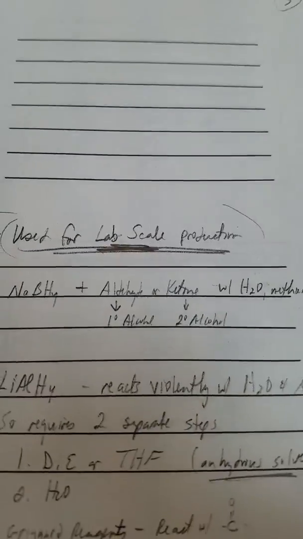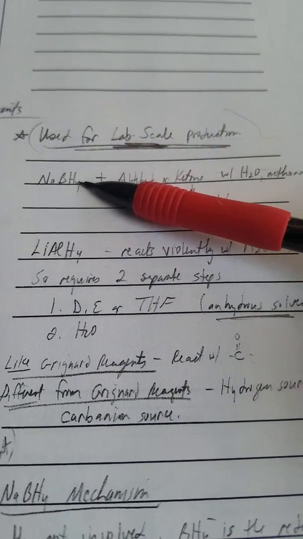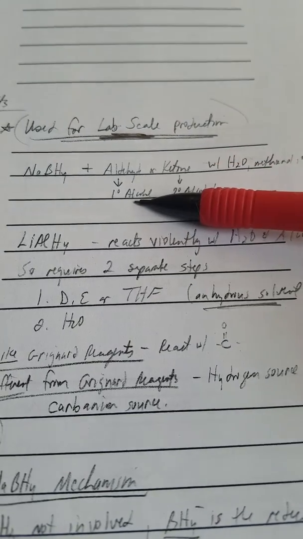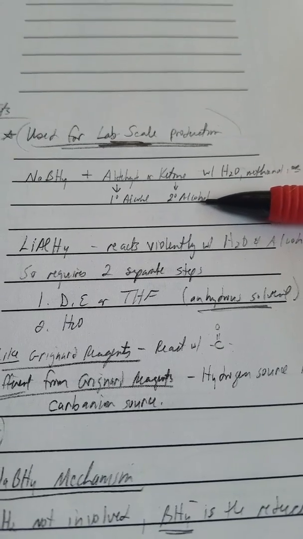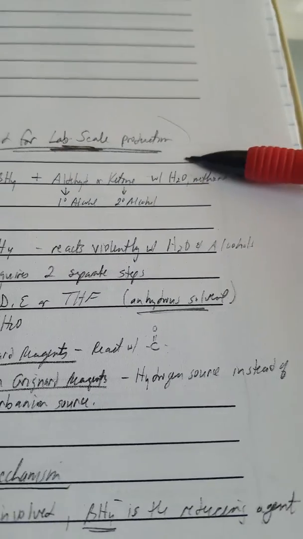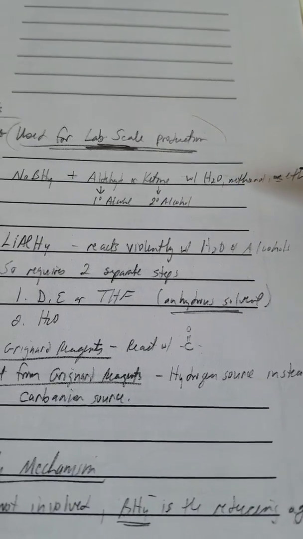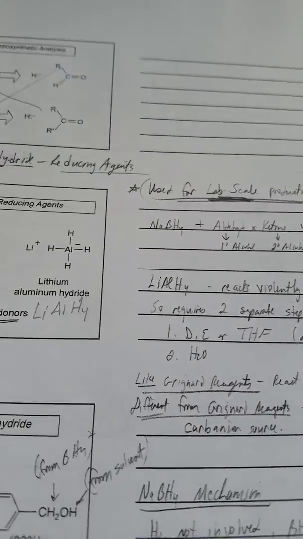These are used more on the laboratory scale, whereas the hydrogenation with the metal catalyst is used more on an industrial scale. If you use the sodium borohydride with the aldehyde, just like you did earlier, you're going to make a primary alcohol. If it's with a ketone, you make a secondary alcohol. You also need to use water, methanol, or ethanol in this reaction as solvents and to provide your hydrogen.